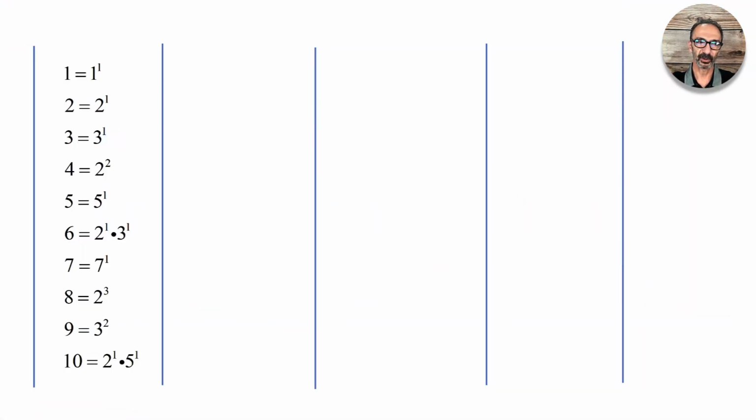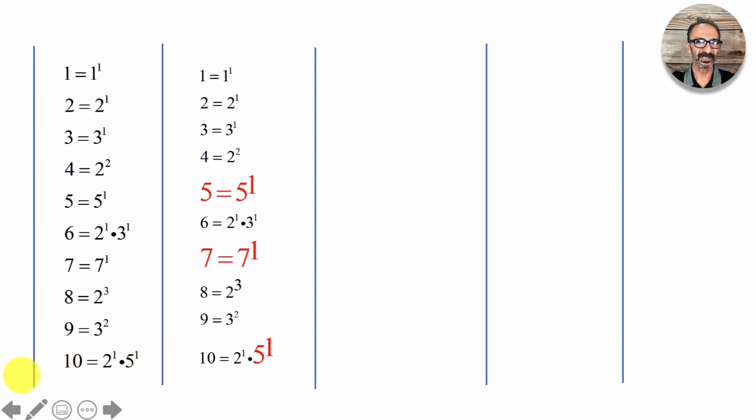Those numbers from 1 to 10 could be written as prime factors this way. 1 is 1 to the first, 2 is 2 to the first, 3 is 3 to the first, 4 is 2 to the second, and so on. 10 is 2 to the first times 5 to the first. Notice that because we need a number that is a multiple, that these numbers are factors, it has to divide by 5.